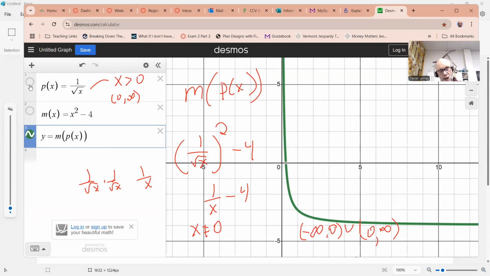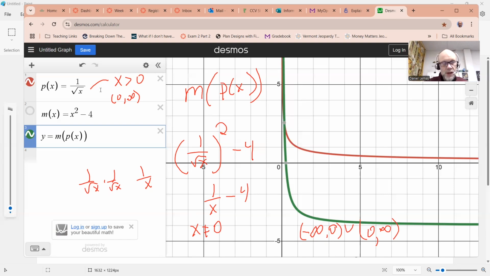Here, let me turn on P of X. You see how that's got the same domain? That's because even though we did it algebraically, even though we got rid of the square root algebraically, that domain limitation still holds. So keep that in mind when you're talking about domain of composite functions. Those domain limitations never go away.